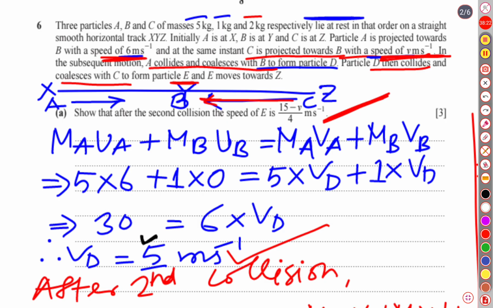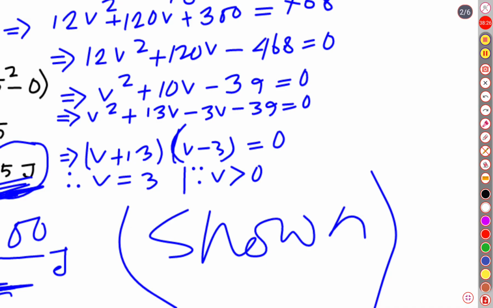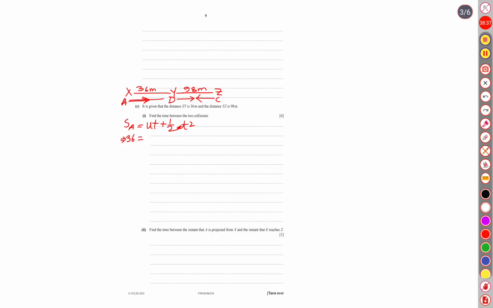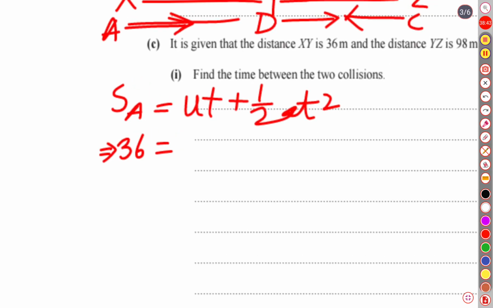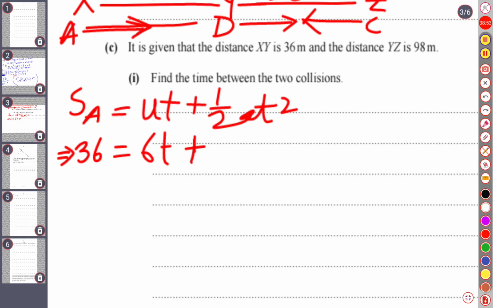We have already found that V was 3. So let them be substituted over here: 36 equals 6t plus, now acceleration. Actually, look at this, there is no acceleration acting on this.